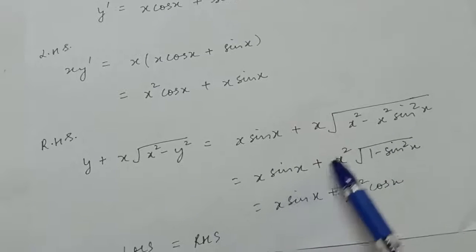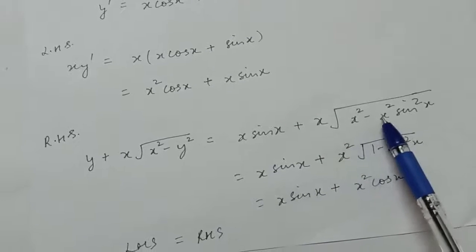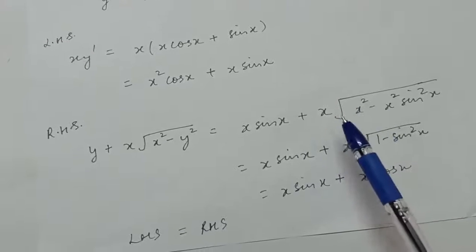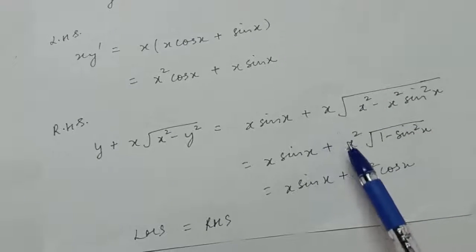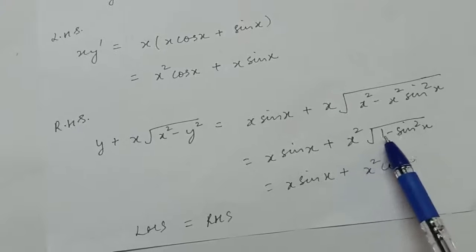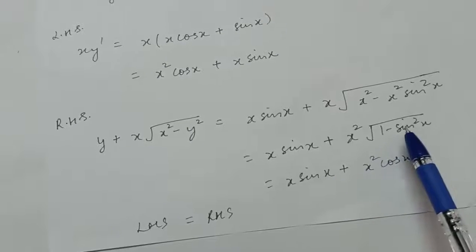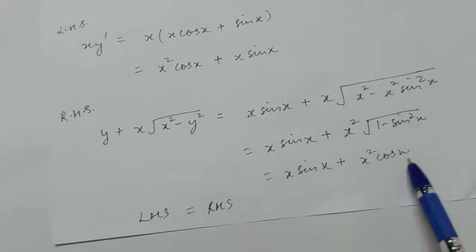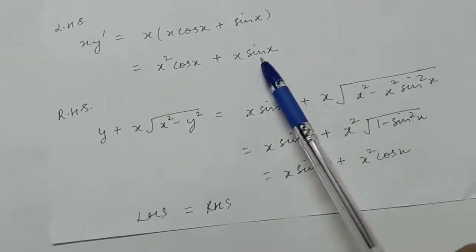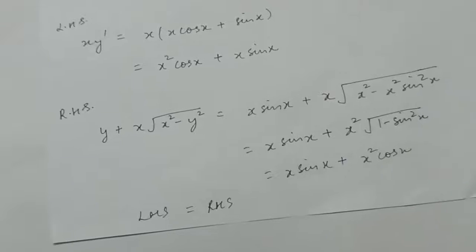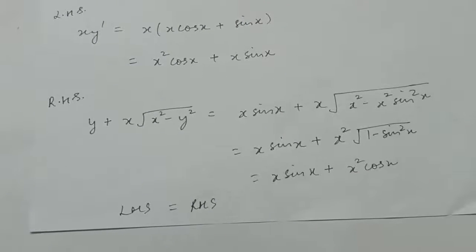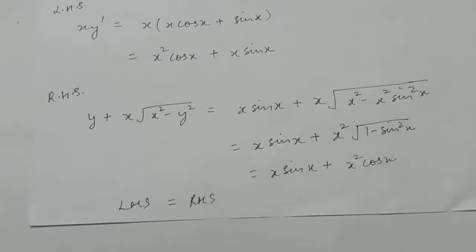This as it is, plus from both of these terms I am taking x square common, and when that x square comes outside the root it will be x. So x into x is x square, inside the root 1 minus sin square x, which is cos square x, and root cos square x can be written as cos x. So you can see the left hand side is equal to the right hand side, and therefore the given value of y is the solution of the differential equation given.